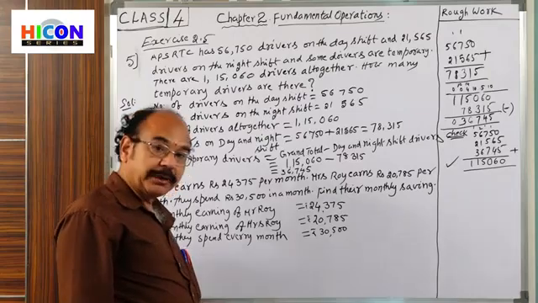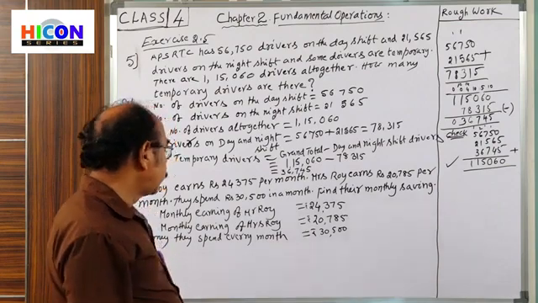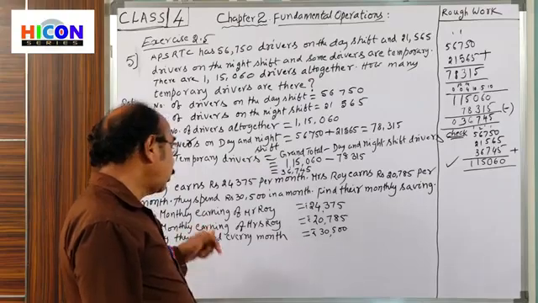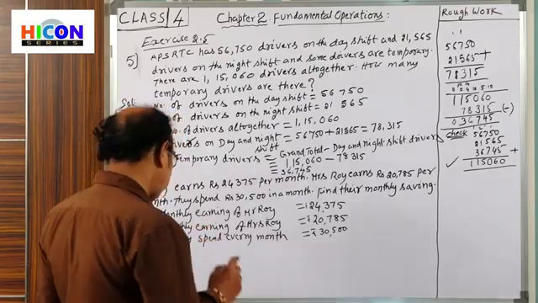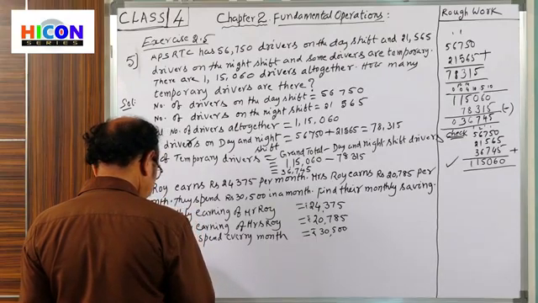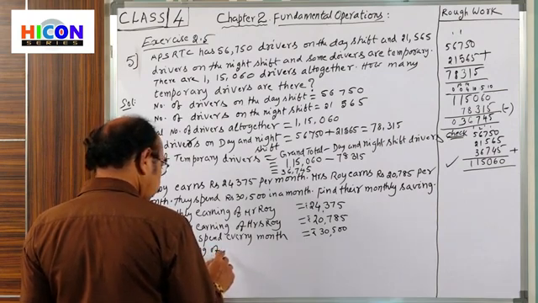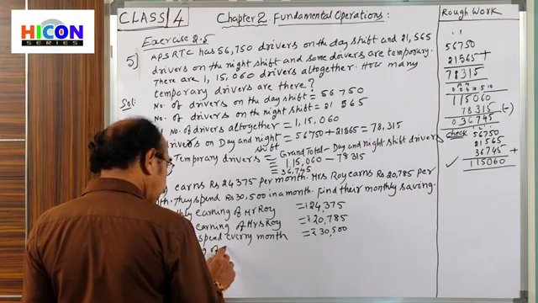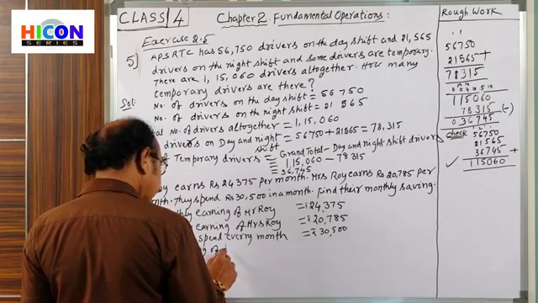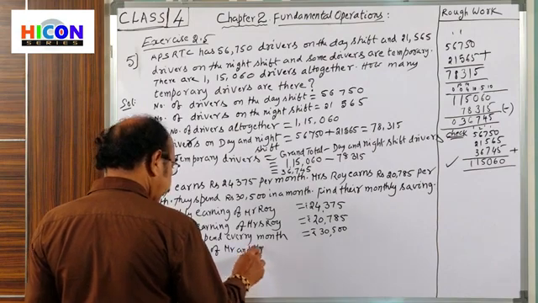After writing the steps, we should make a plan how to do. So what are we going to write now here? Total earning of Mr. and Mrs. Roy.